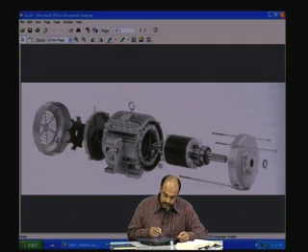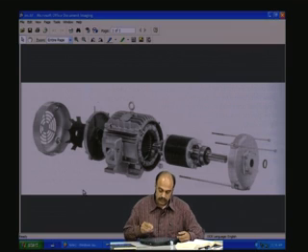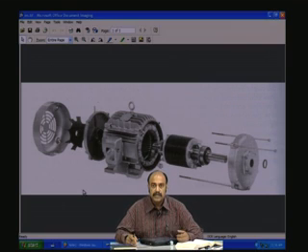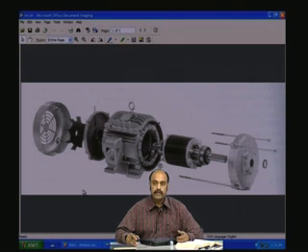The neutral and the A, B and C phases are brought out as terminals inside this box here, through which the connection to the external source is done. So this is how a typical induction motor would look for a given rating. Of course, for various ratings the sizes will be different.